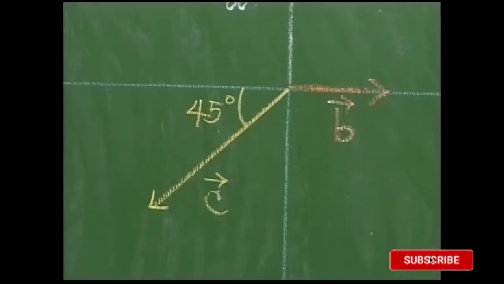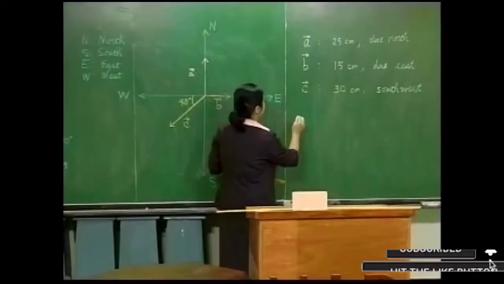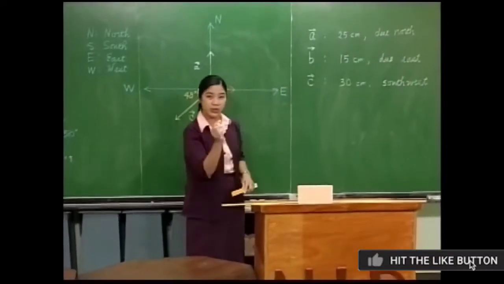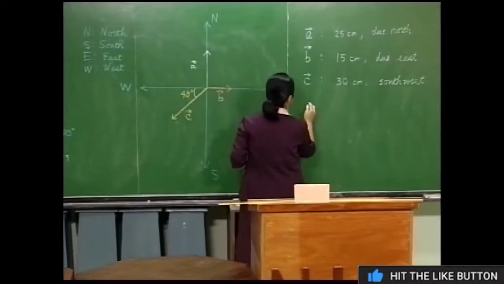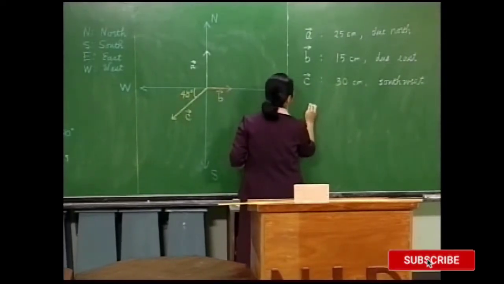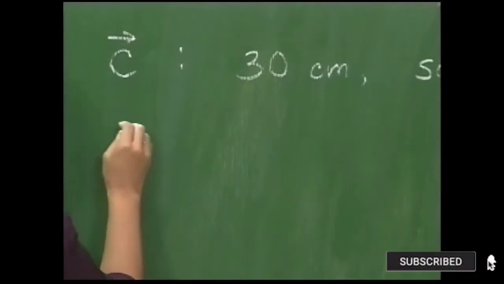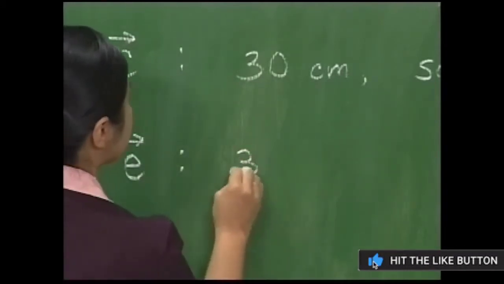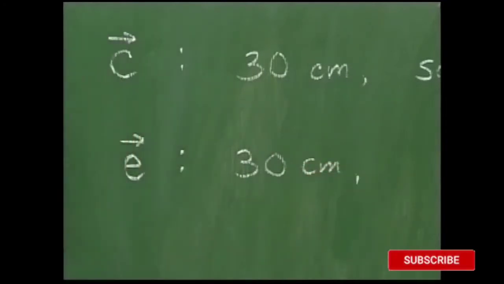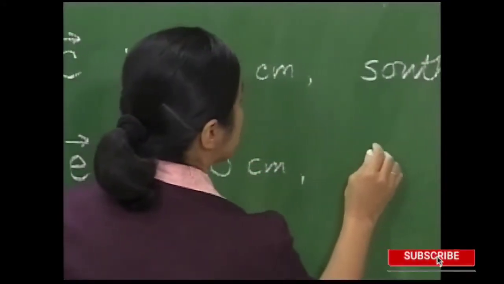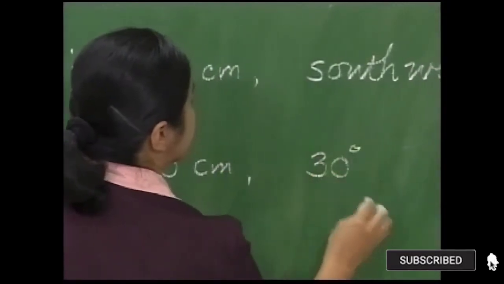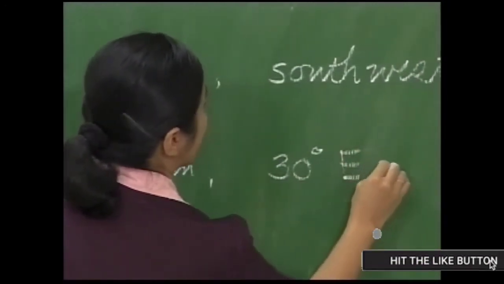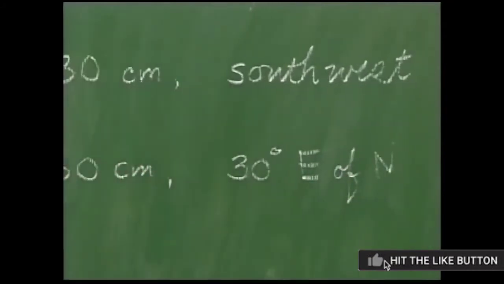So these are examples. Another example, just so you will have something to guide you when you do your activity. Let me say now that I have a vector, let me have small e, the arrow on top, and this time, it is also 30 centimeters, but let me say it is 30 degrees east of north.